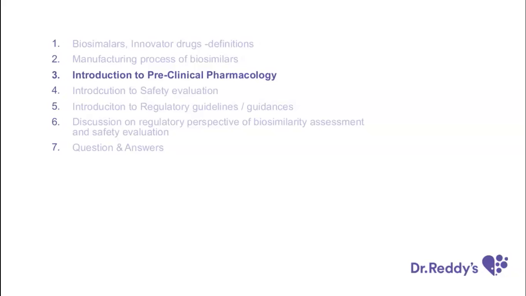Especially in biosimilars, we are supposed to study immunogenicity, because these are foreign proteins which are highly immunogenic in animals or in humans. So the mandatory requirement is the study of anti-drug antibodies. We'll go into the details of the preclinical pharmacology.